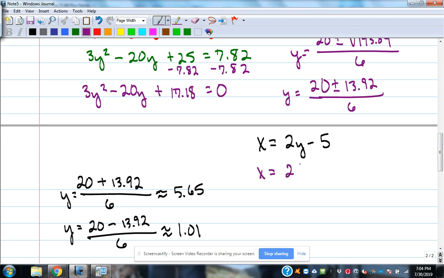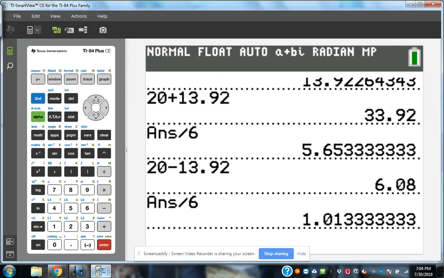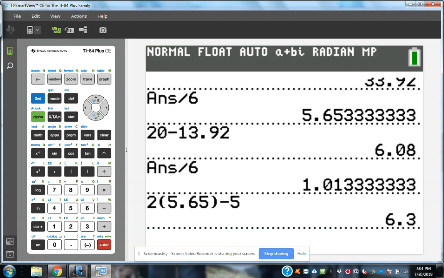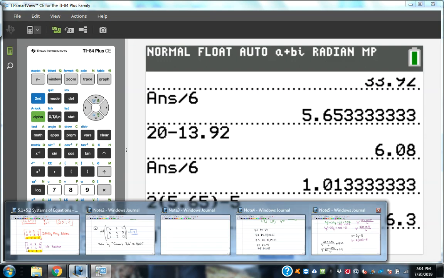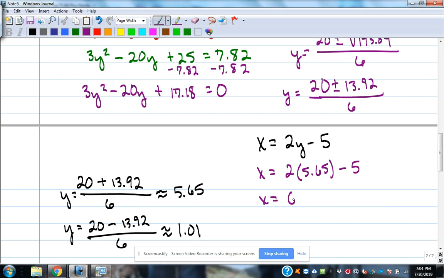x equals 2 times 5.65 minus 5. I'm using my calculator to get 6.3. So the x value is 6.3.